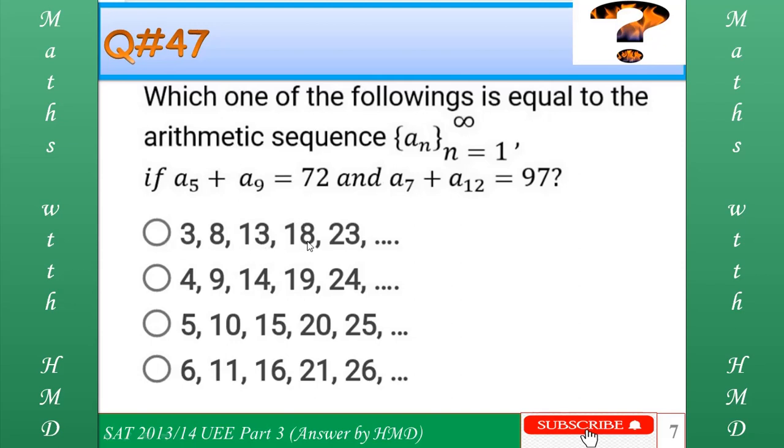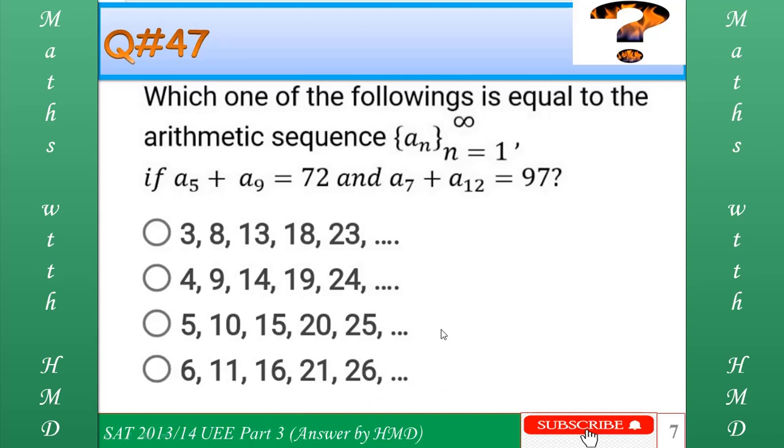A: 3, 8, 13, 18, 23, continue. B: 4, 9, 14, 19, 24, continue. C: 5, 10, 15, 20, 25, and so on. D: 6, 11, 16, 21, 26, and so on.